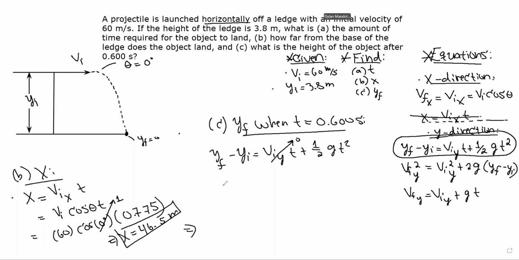So that would be, let's see, y final equals y initial plus 1/2 g t squared. Y initial was 3.8, g is negative 9.81 times the given time squared.